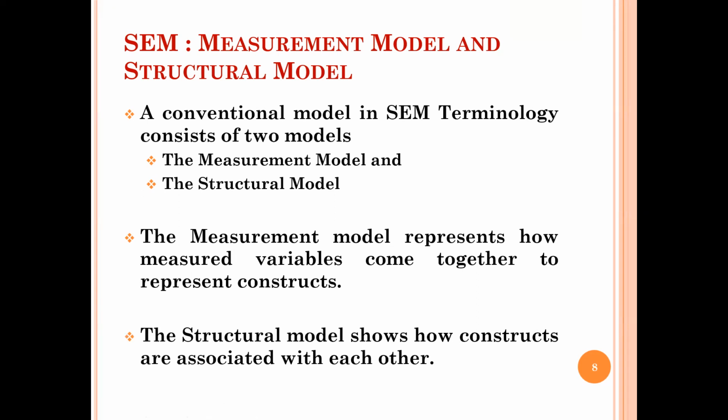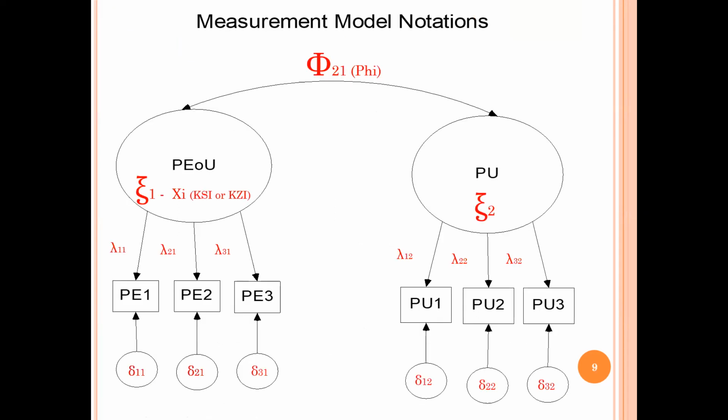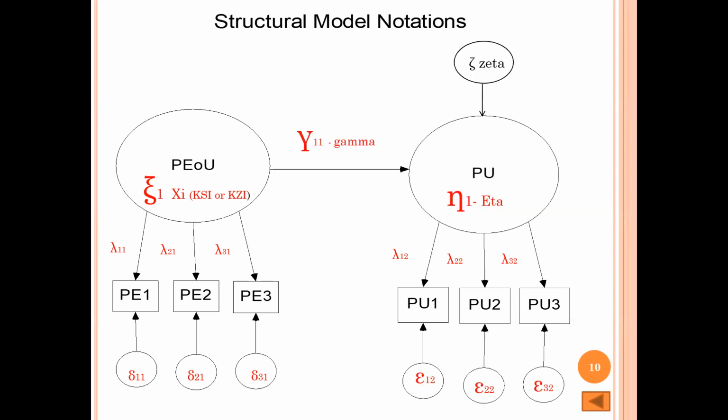Now, both of them have certain notations. When you are talking of measurement models, these are the notations we generally use, where we are talking of the factor analysis part or CFA part. And when you are talking of the structural model, the notations are slightly different, and the diagram also is slightly different, if you can see.